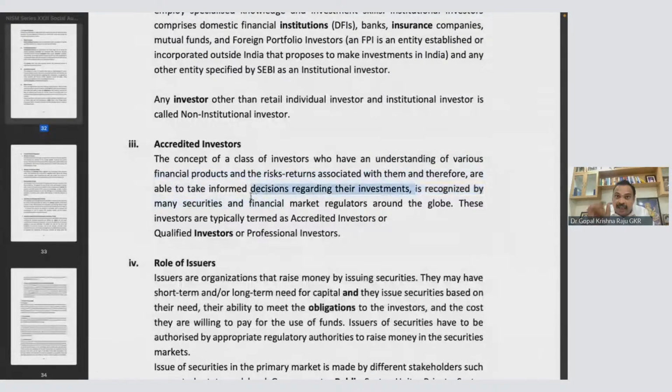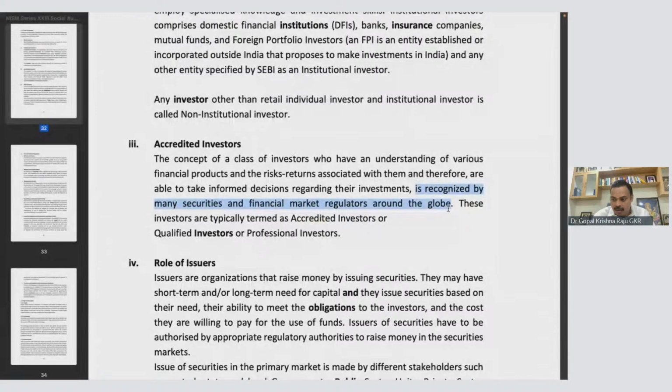So, accredited by SEBI. SEBI accredited investor. So, that means their net worth is certified and they choose only certain designated products for investment. So they don't invest in risky companies. They will only go by certain criteria.